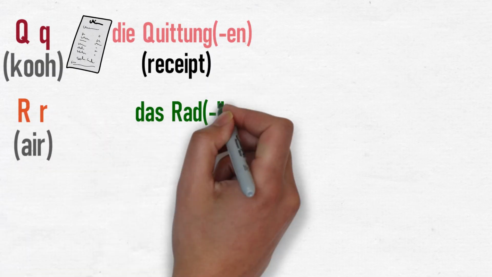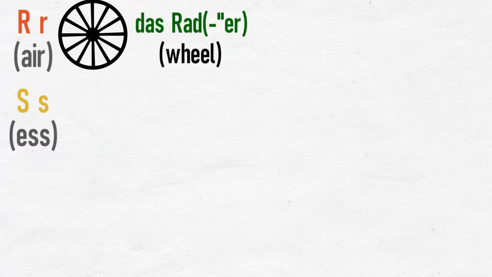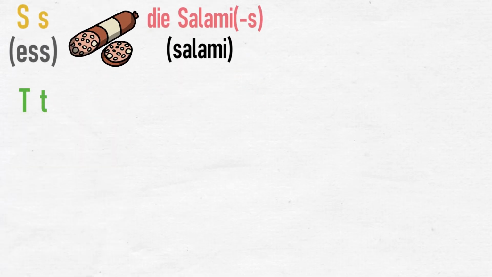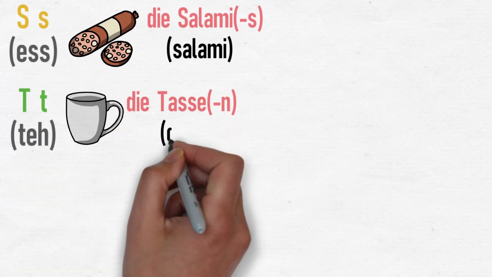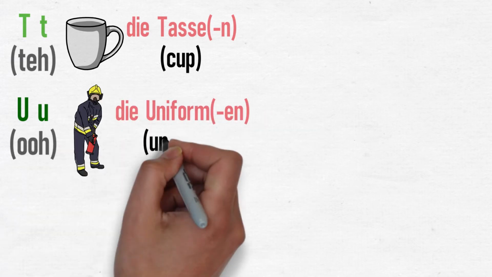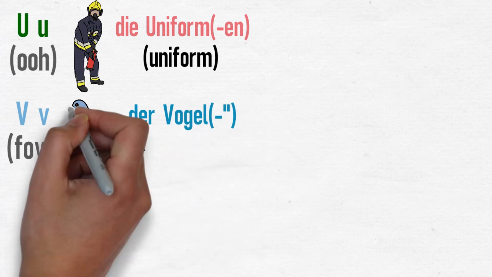R. Das Rad, wheel. S. Die Salami, salami. T. Die Tasse, cup. U. Die Uniform, uniform. V. Der Vogel, bird.